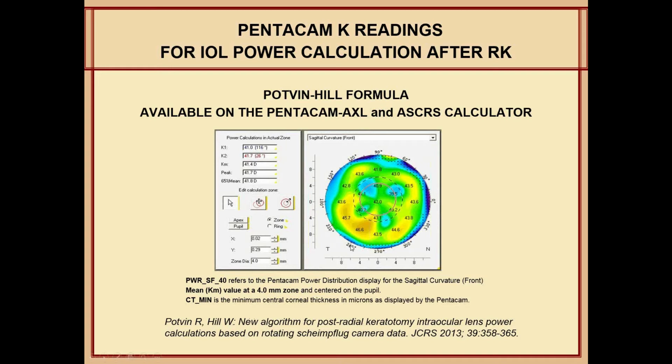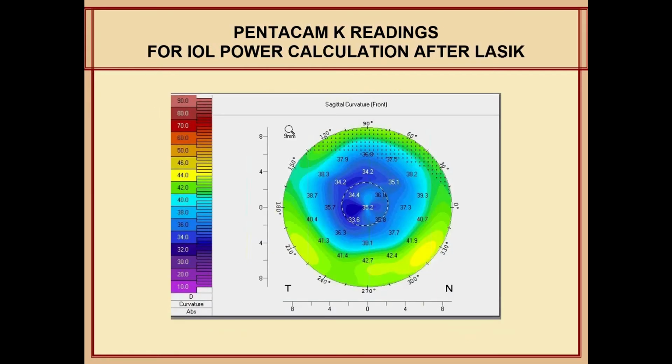They looked at different cases from Dr. Hill's cases, and they looked at the power around the 4 millimeter zone centered over the pupil, and the thickness of the cornea. Now, you don't have to think about all these things because the unit will do it automatically for you, and it will give you the answer.